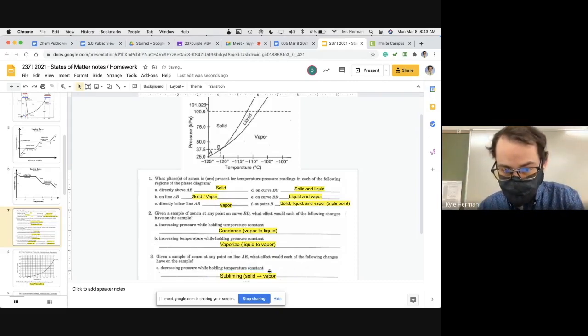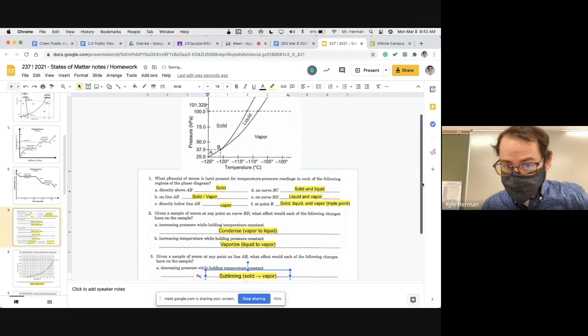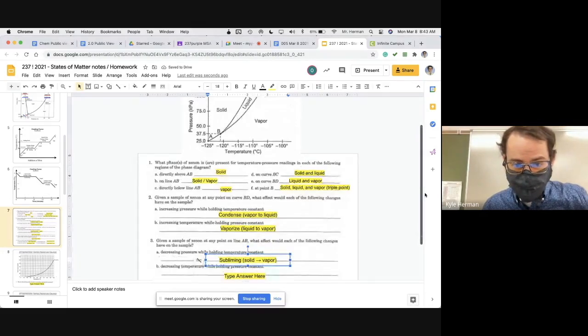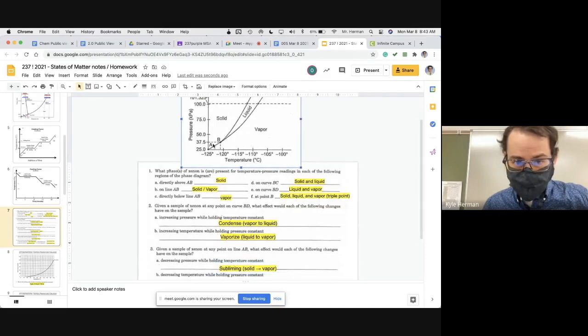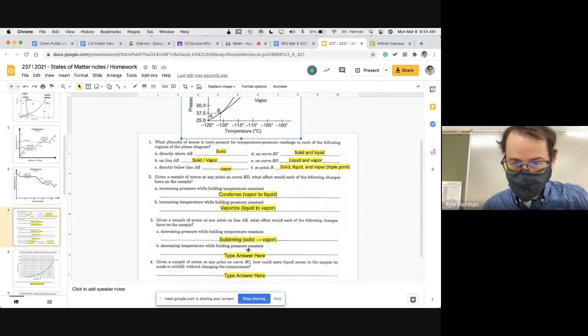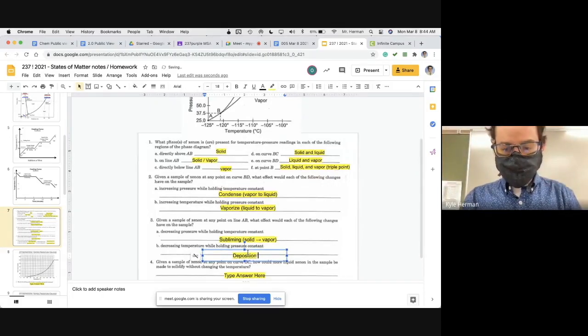And let's check out the other one. And decreasing the temperature. All right, so temperature going down. I'm going to start here. Temperature going down is going to go to the left. So that's going to make more solid. So that's going to be deposition. And that is vapor to solid.